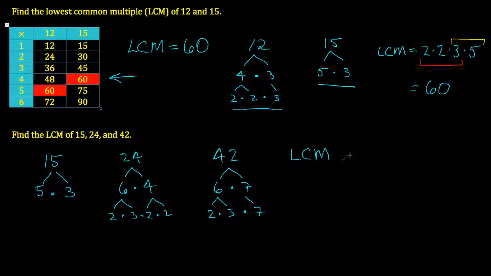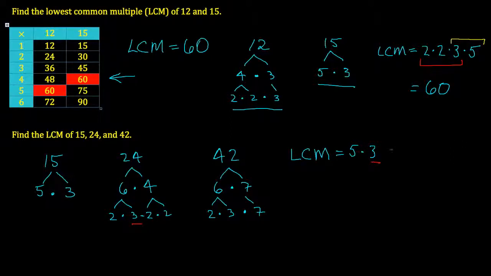So now when I try and build my lowest common multiple, it works this way. I'm going to start with my 15, and I'll say that I need a 5 multiplied by a 3. Now I've got the 15 covered. When I look at the 24, I already see the 3 built into my lowest common multiple here, so I don't need to add that in, but I do need to put in the 3 2's.